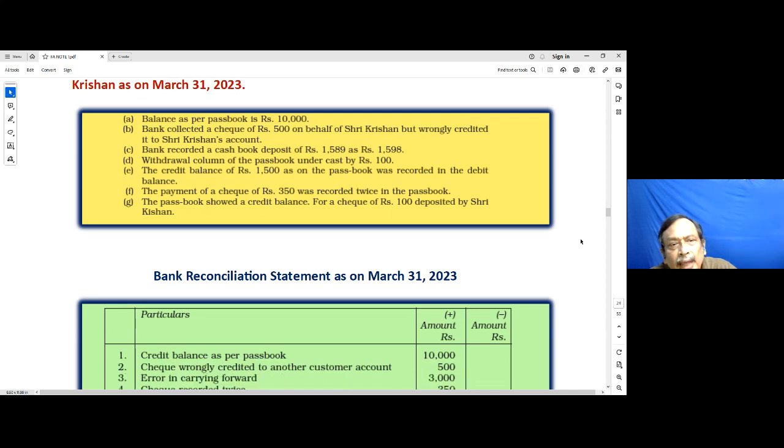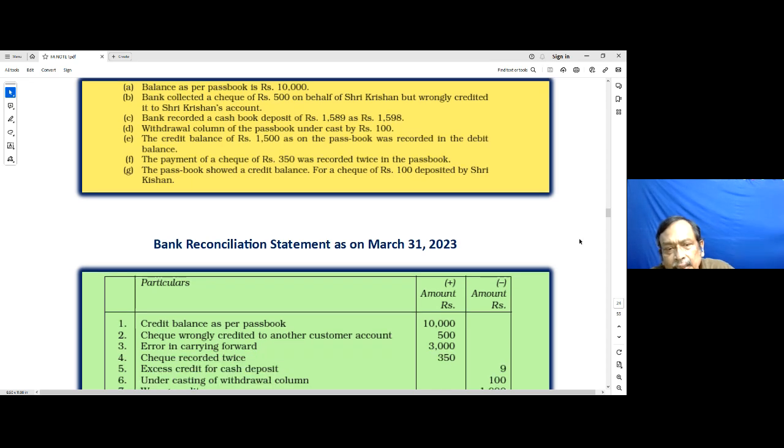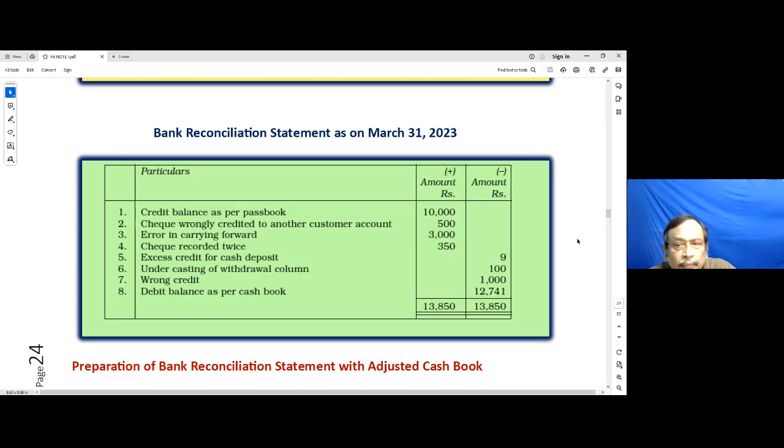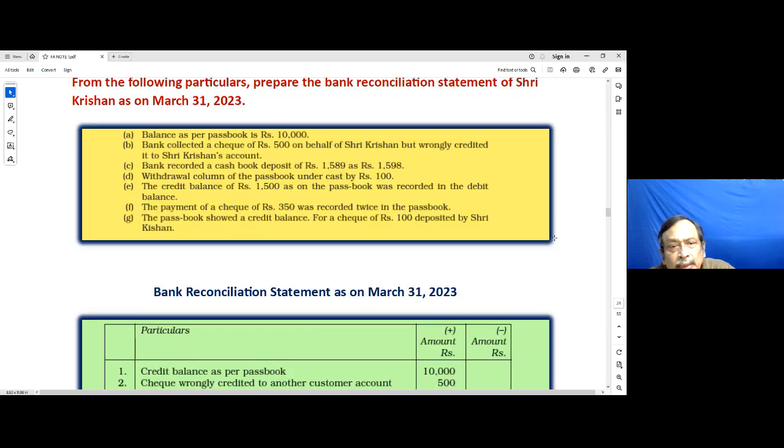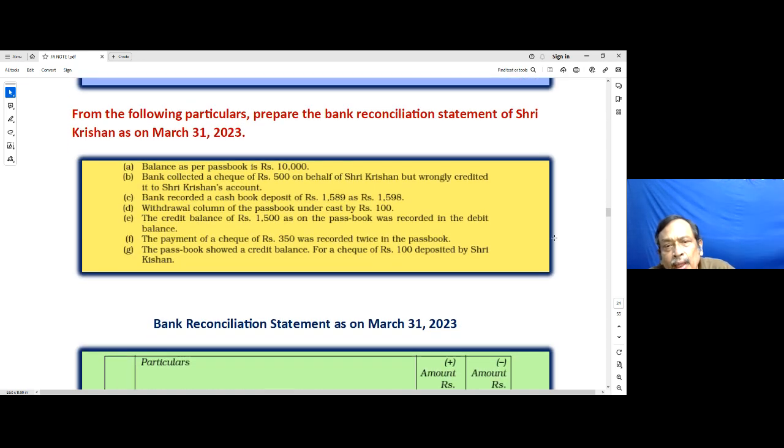Next, bank recorded a cash book deposit of 1589 as rupees 1598. So error in, that is the difference actually, 1598 minus 1589, so it comes to 9 rupees.